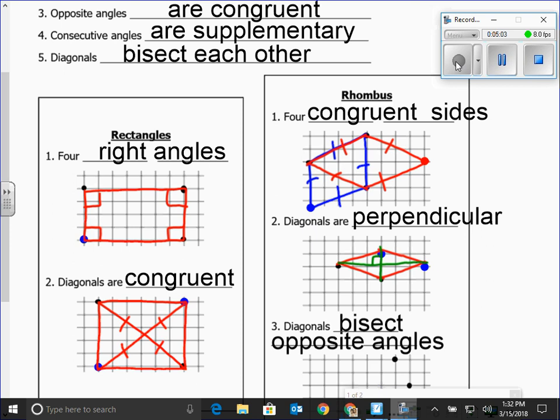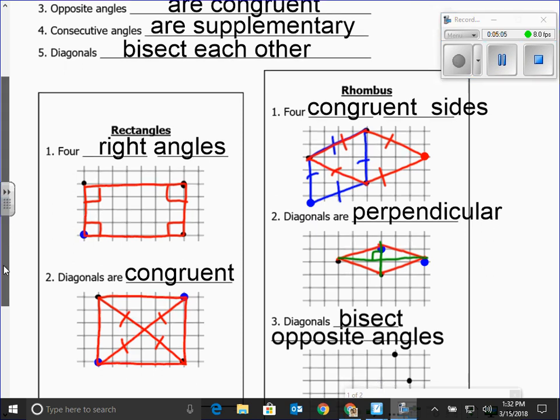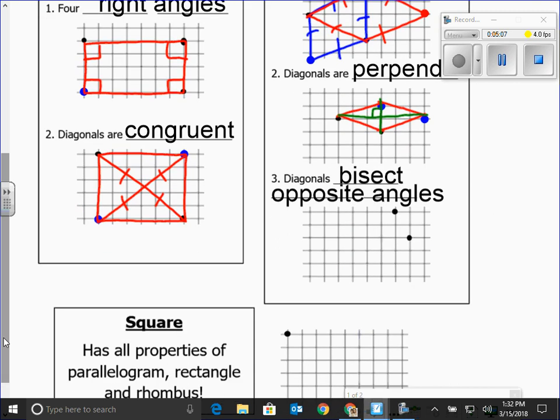Next, in a rhombus, the diagonals bisect the opposite angles, meaning they cut the angles they are in half, and none of the other parallelograms so far have done that. So we're going to complete our rhombus here.